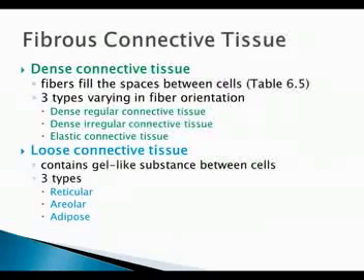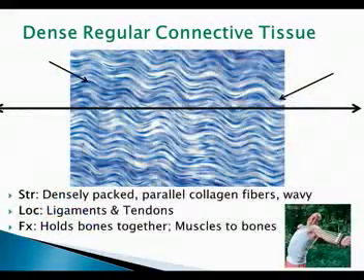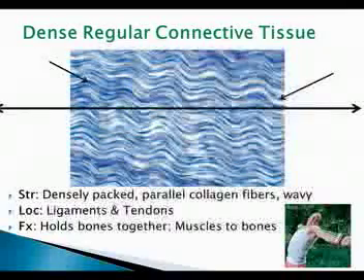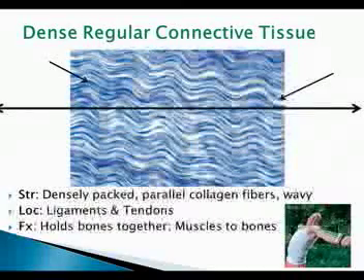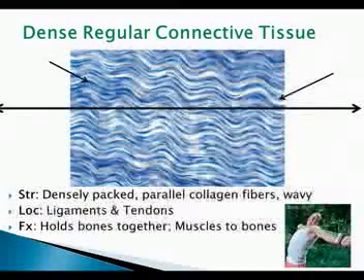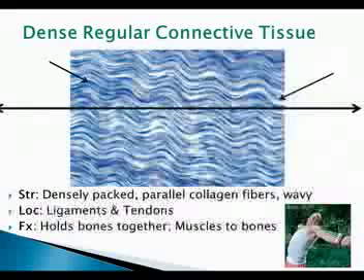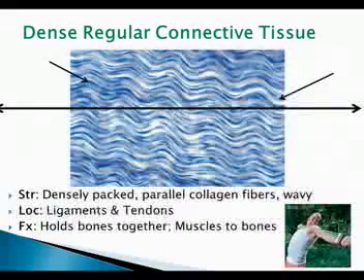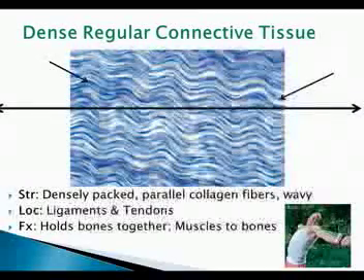So we're going to start with dense regular, and really what that is is it's really strong in one plane, just as that animation shows you. It's really good at resisting tension in that X plane, for example. And so a good example of a location you might find it is ligaments or tendons, right? So your ACL, for example, your anterior cruciate ligament, that's really good at resisting tension in one plane, the Y plane.